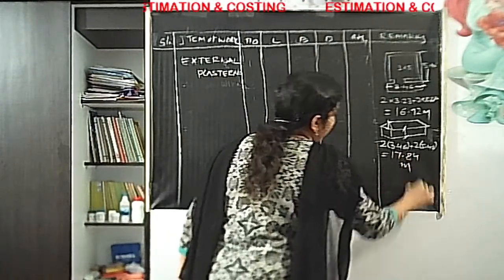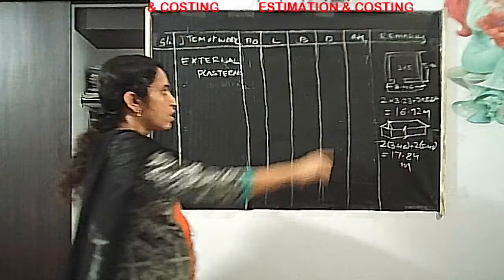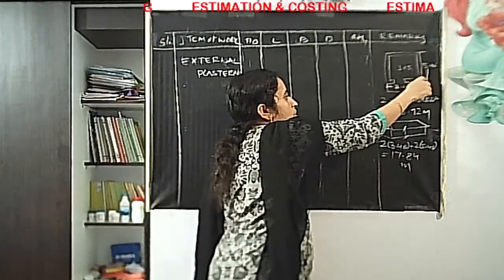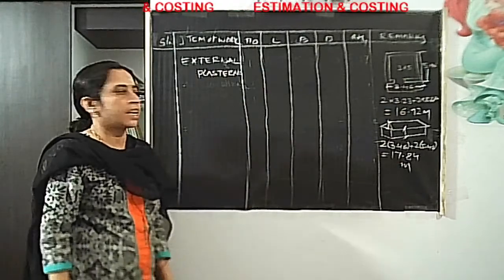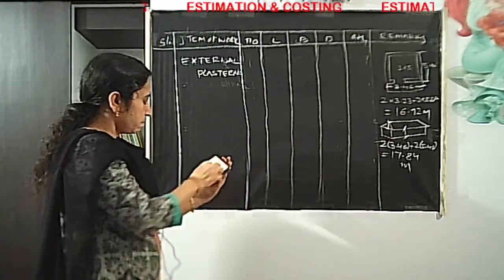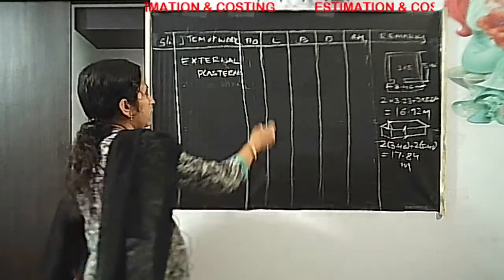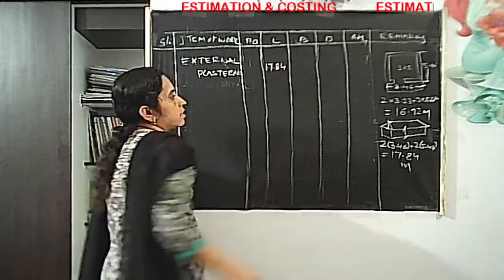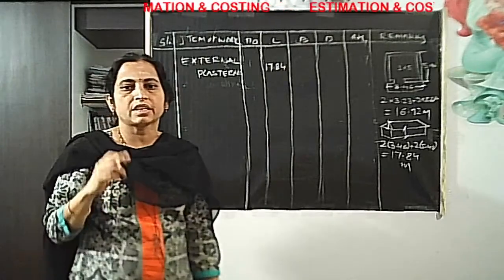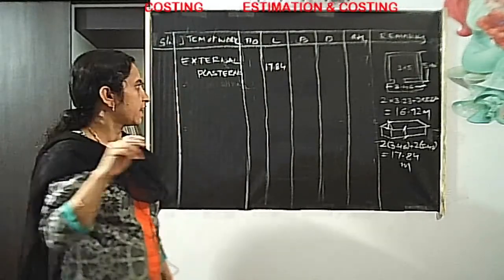So, we have the exterior wall length, this wall, this wall, this wall and this wall together, 17.84 meters. Plastering, you know, is in terms of square meter, it is area.